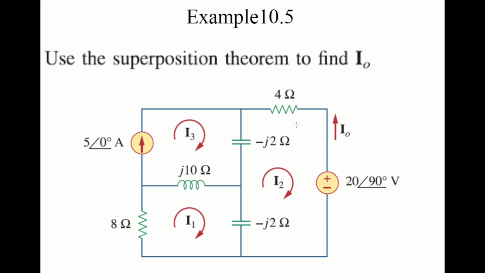If you look at the circuit, it is best we use mesh analysis because there are 3 loops over here: mesh 1, mesh 2 and mesh 3 to get I naught. At the same time, we're going to use the superposition theorem because there are 2 independent sources. We have a current source over here and a voltage source at this side.